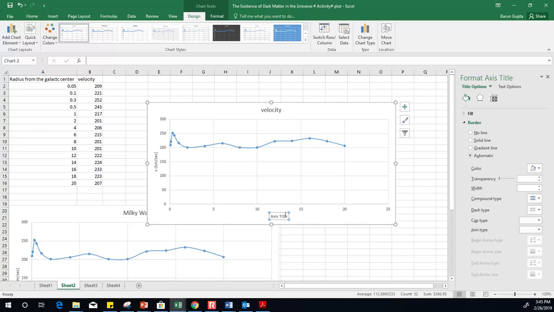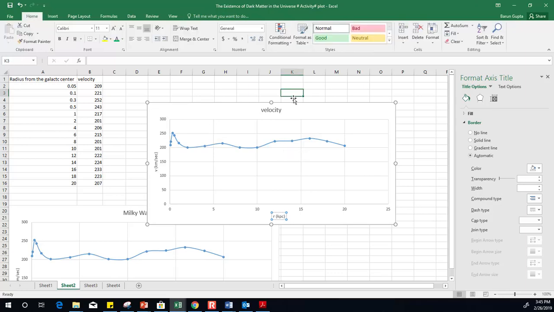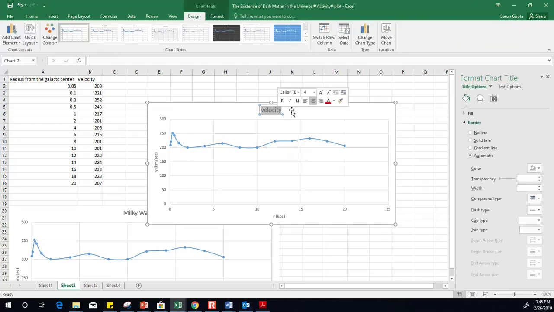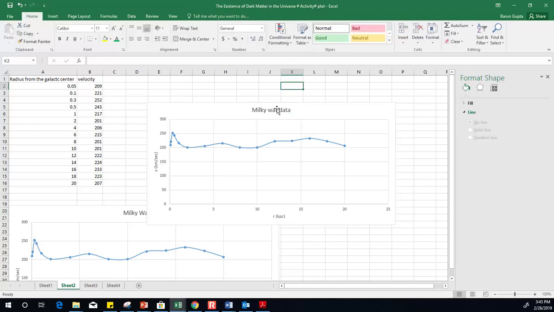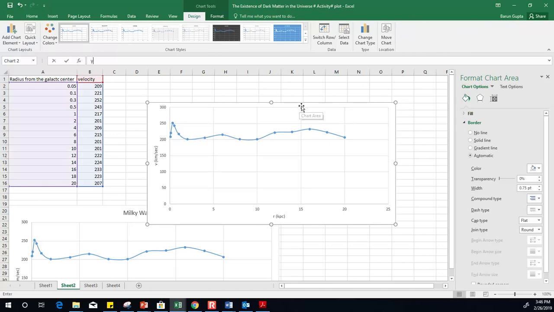And this is the distance r, and the distance is in kiloparsec. And your title has to be Milky Way data.